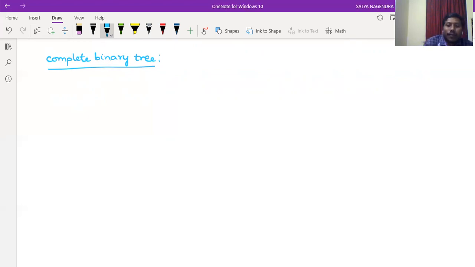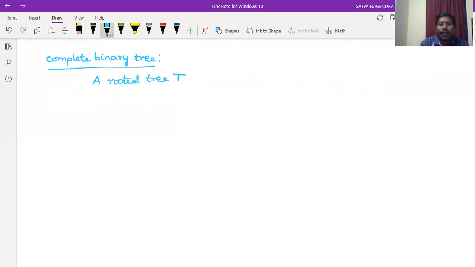So for a binary tree, how are we defining it? The out degree of every internal vertex in a rooted tree is at most 2. It may be 1 or 2, or at most 2. So here also we are taking a rooted tree.